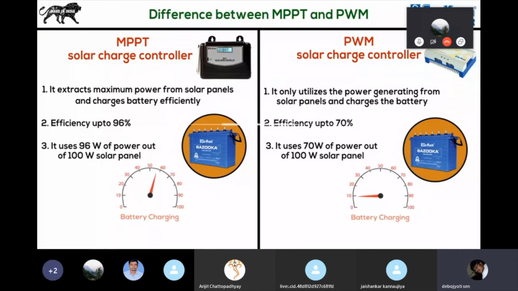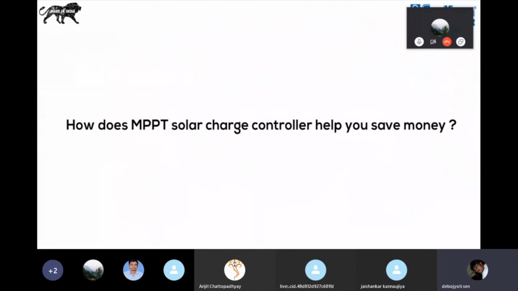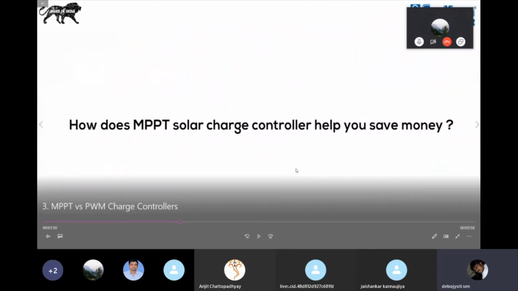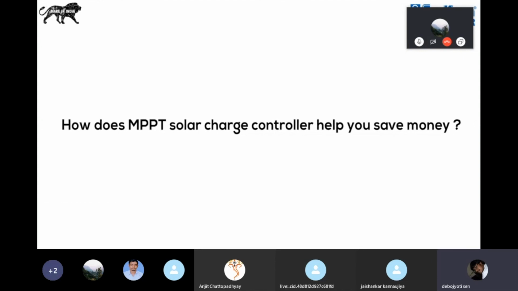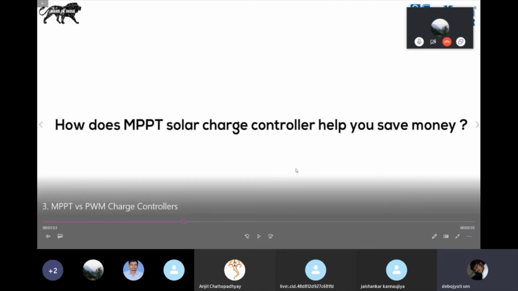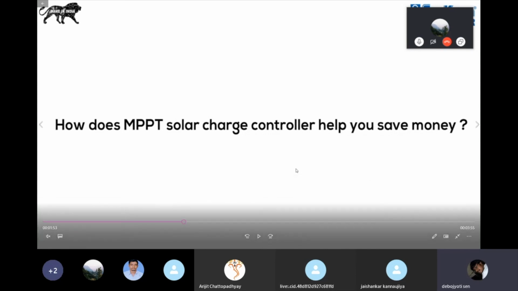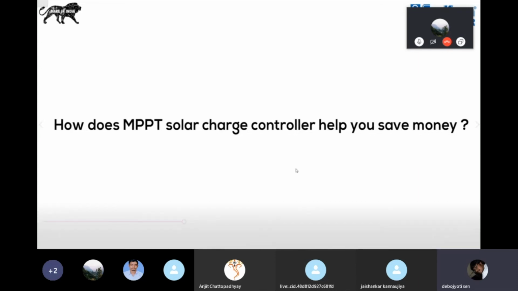Moreover, the battery charging time is much shorter because we are getting 26 watt more. So in every hour we are getting 26 watt more to charge the battery than with PWM from the same panel. So if we have a cloudy day with only 4 hours of good sunlight, it might be enough for a battery to charge using an MPPT, but might not be enough using PWM.